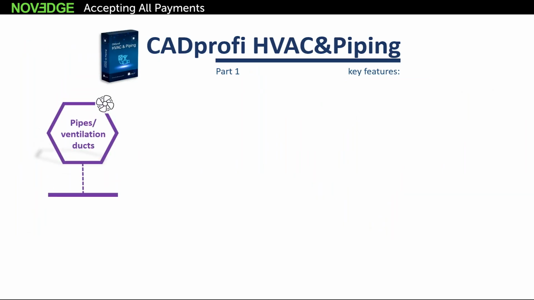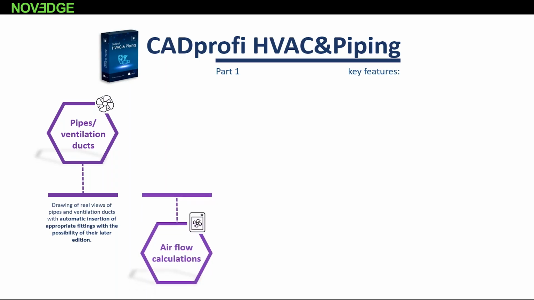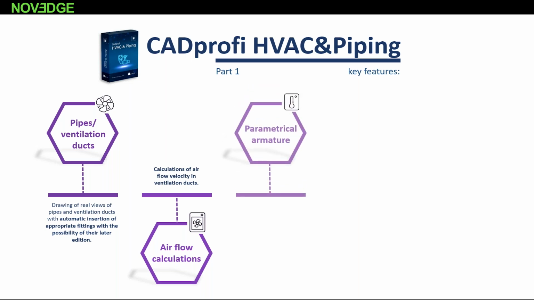When we are speaking about key features, there are pipes and ventilation ducts. That's a drawing of real views of pipes and ventilation ducts with automatic insertion of appropriate fittings, with the possibility of their later addition. We have also air flow calculations and parametrical armature.